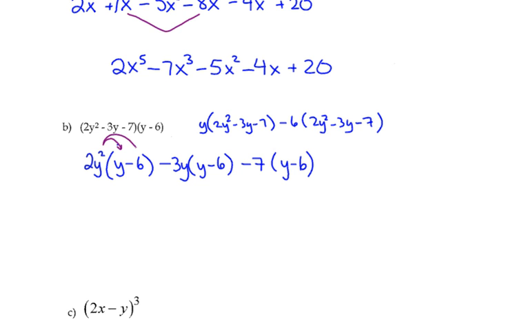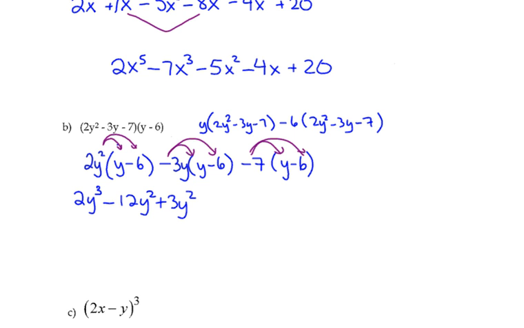So just be careful of signs again. Either way, if you expanded with that method or this method, you'll get the same expansion. So 2y squared times y, 2y cubed, minus 12y squared, and negative 3y times y, plus 3y squared.